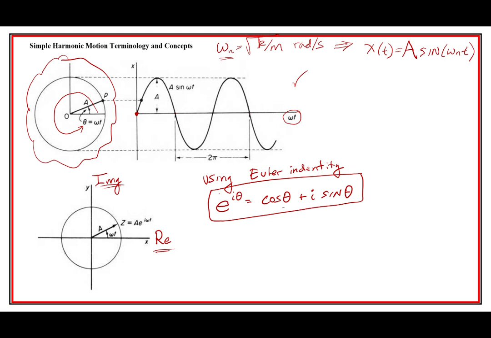So, for instance, if you took z is equal to A e to the i omega t, and you substituted the Euler identity, we would find z is equal to A times cosine of omega t, theta here being omega t, and I didn't say omega n because we're not necessarily at the natural frequency, plus i A times the sine of omega t.